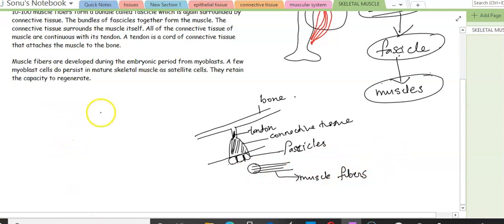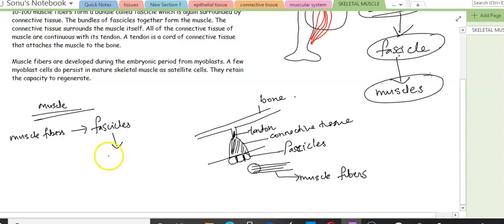So how can we state the organization of muscle tissue? The muscle fibers form bundles of fascicles, and bundles of fascicles form muscles. And all the connective tissue of the muscle continues with the tendon, and the tendon connects to the bone.